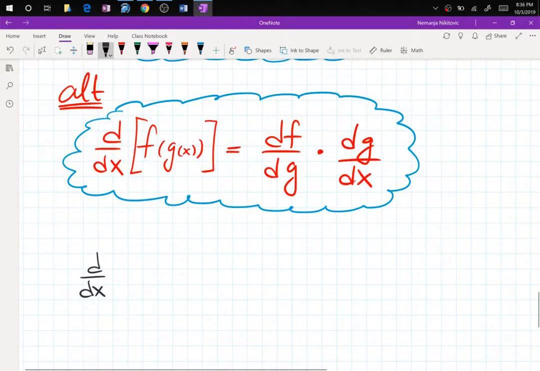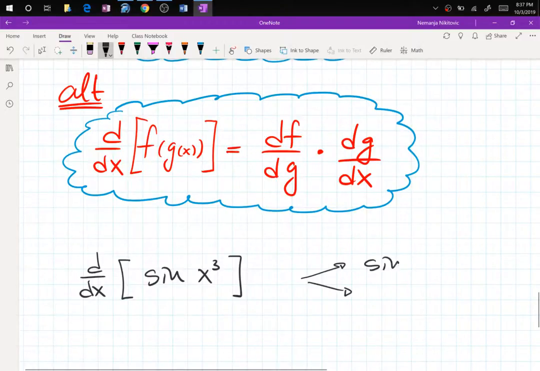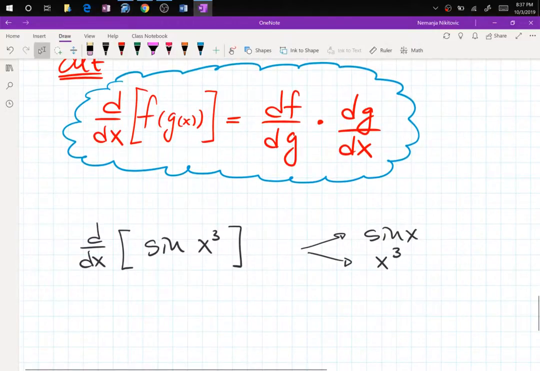Anyway, let's take a look at some derivatives. What is the derivative of sine of x cubed? Well, decompose in my head: I have sine x and x cubed. This x cubed is the g, and sine is the f. So I am supposed to take the derivative of f with g plugged in.